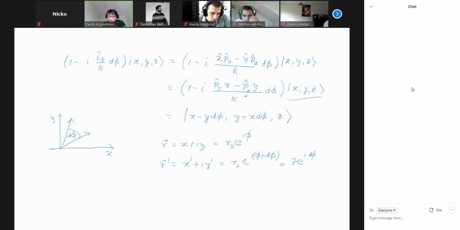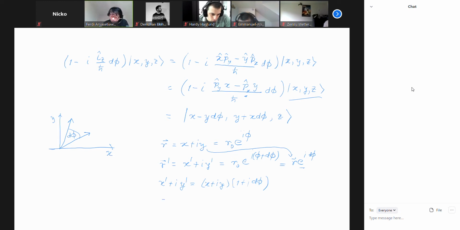So if we just consider this to first order in d phi, then we see that x prime plus i y prime is just given by x plus iy, so that's r, times the Taylor expansion of that to first order. So we're looking at infinitesimal rotation, so we keep the first order.